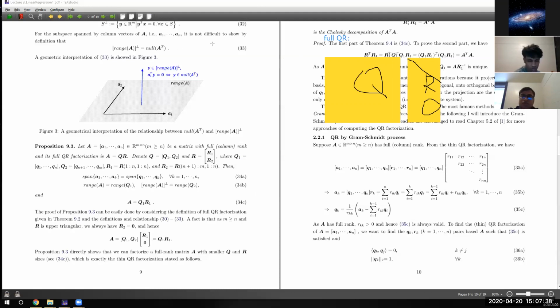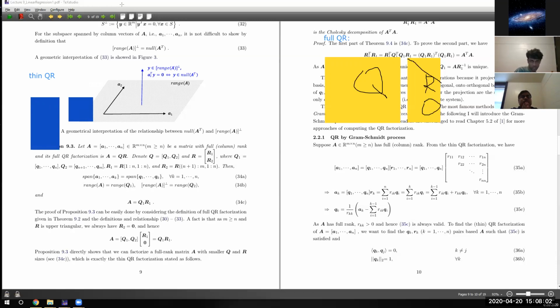Because of this, we do have a thin version of the QR, which is the thin QR. It's going to be in this way: my Q is m by n, and my R is n by n.